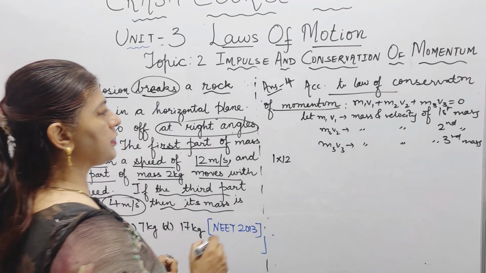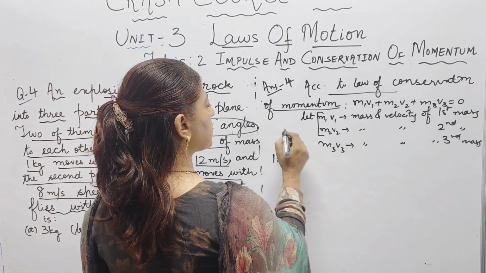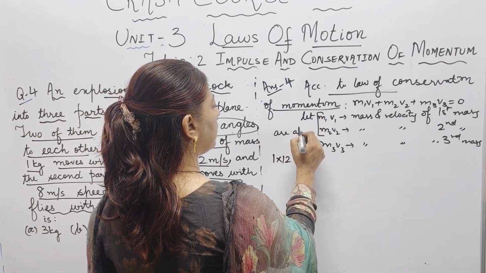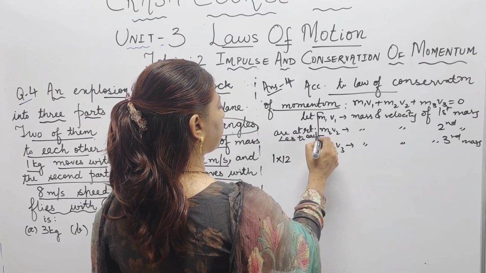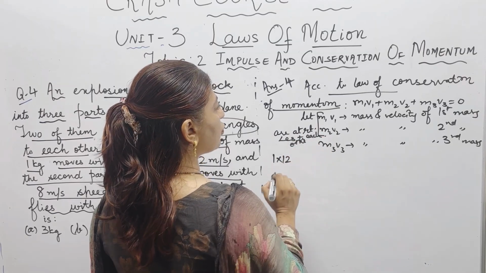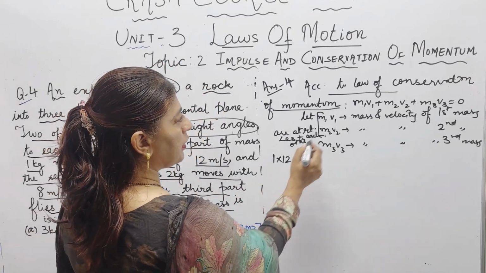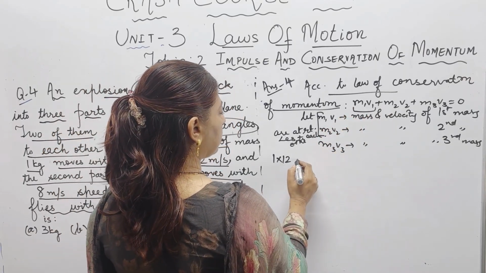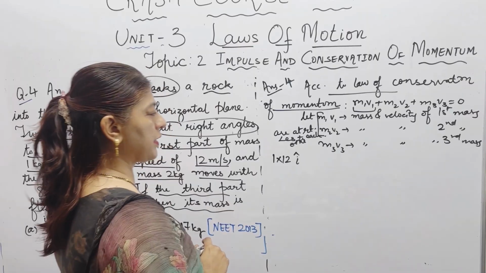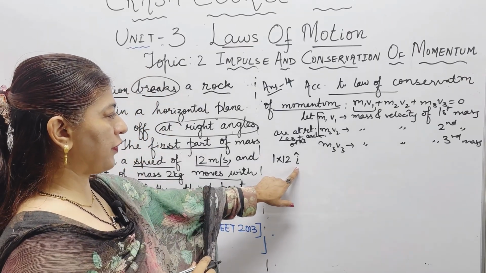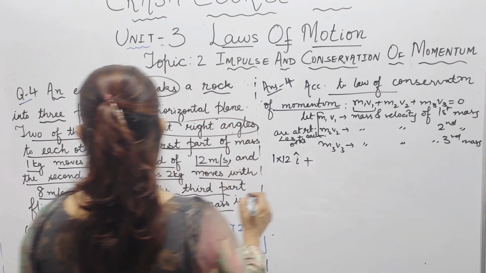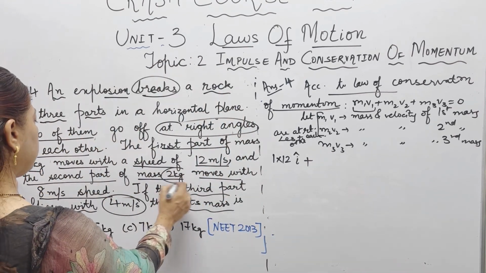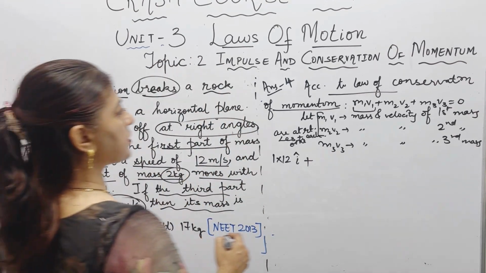So we have considered these two masses to be at right angles to each other. To give them direction, this one is along the x-axis and I cap defines the direction. Next, the mass is 2 kg, moving with 8 meters per second.